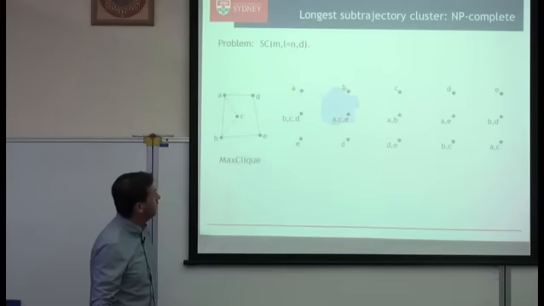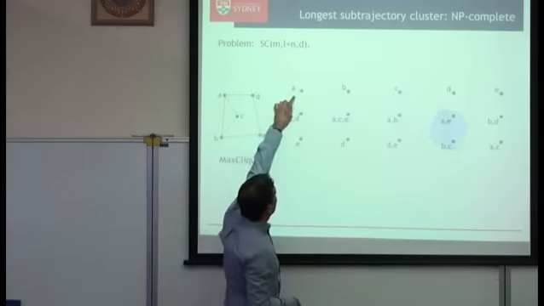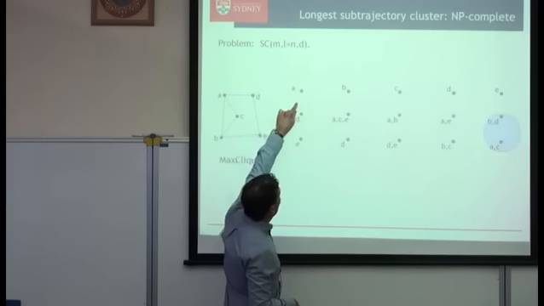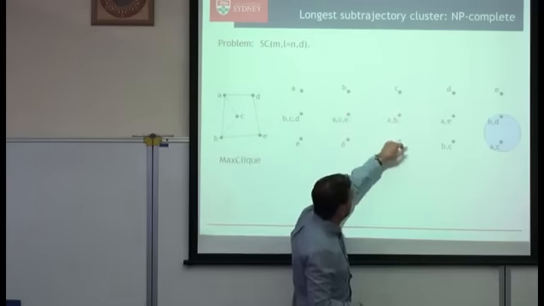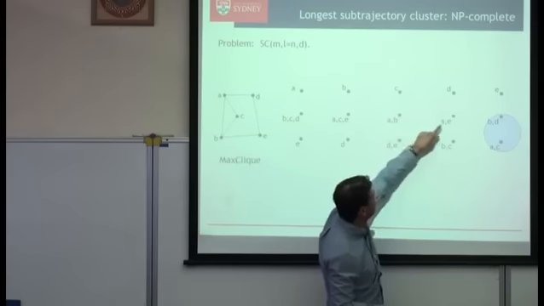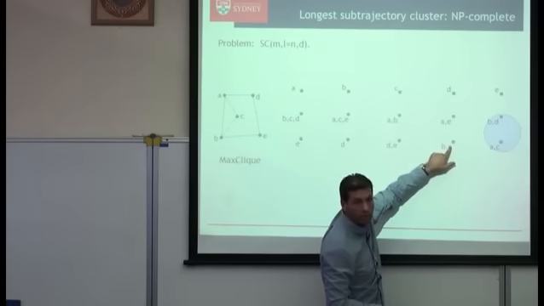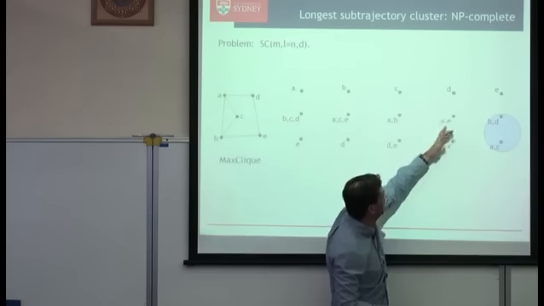And now I start to move this. What happens here is, here I chose A, here I chose B, here I chose C. And then, if I want to keep A and B and C in my cluster, I have to go down and pick up this one. Then I can get A, E, and B, C. E I already missed.